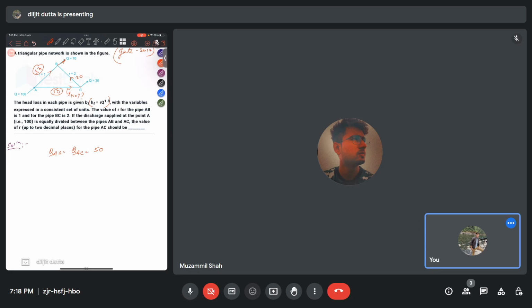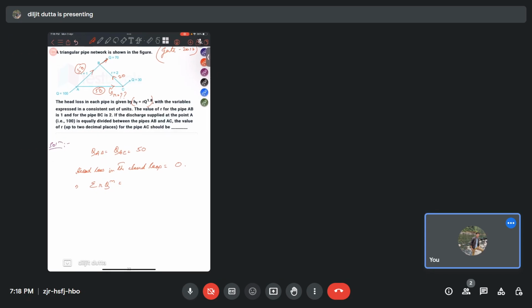Now what we have to do is, the head loss in the closed loop is equal to 0. So sigma R Q to the power n is equal to 0.